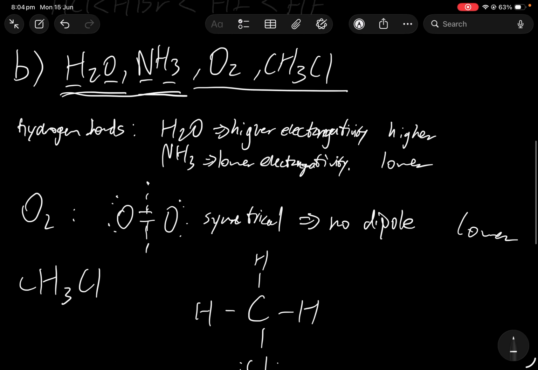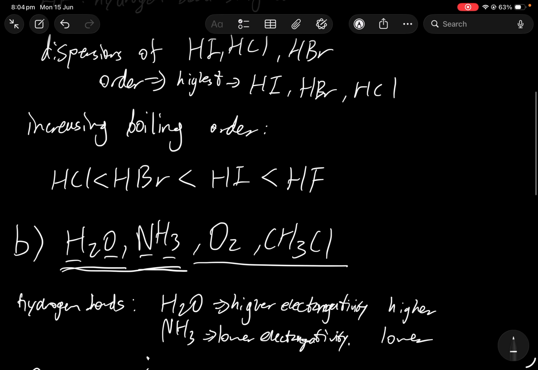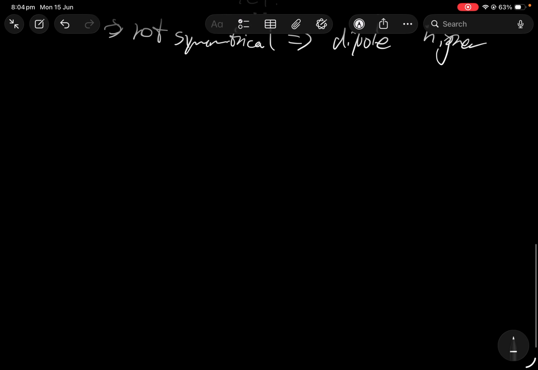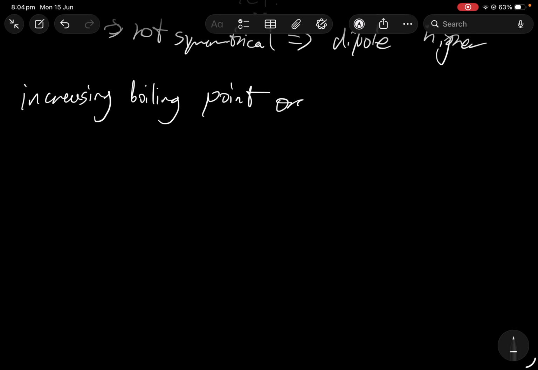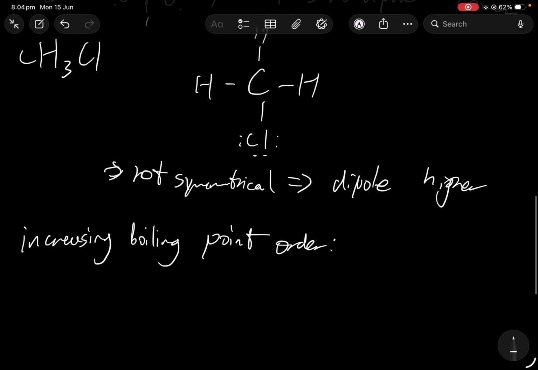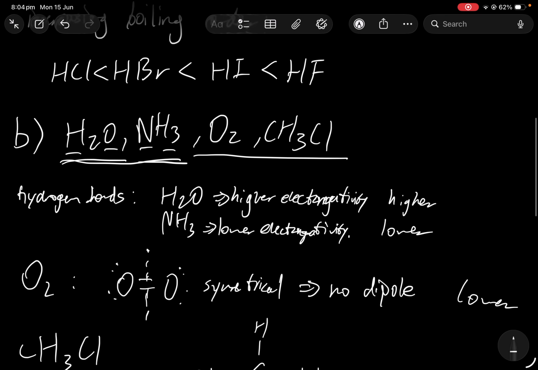That means the order, so it is the increasing boiling point order. Increasing boiling point order will be lowest.